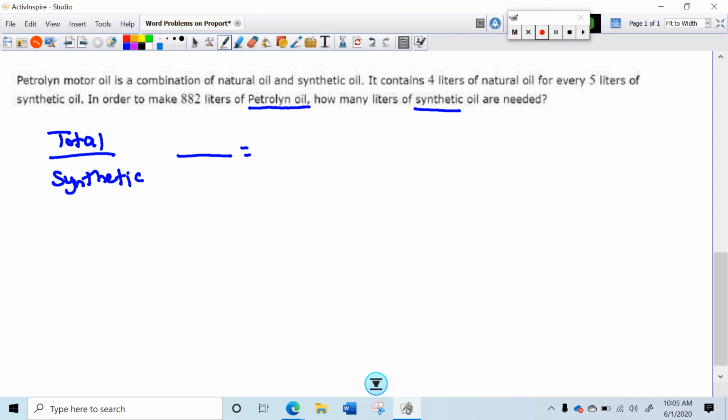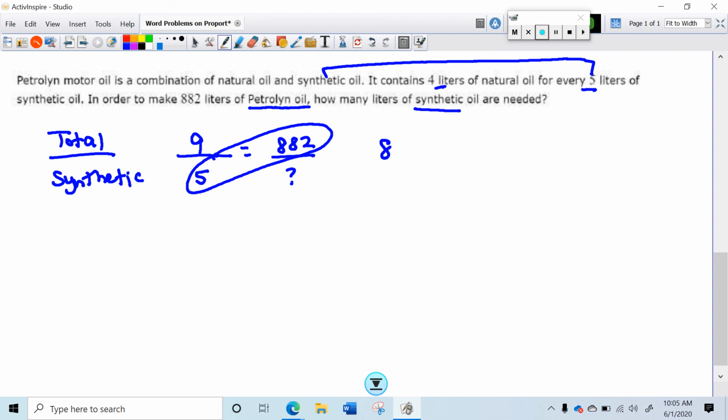So setting up my proportions, the total 4 plus 5 is 9, and out of that the synthetic was second, and actually they told you 5 of synthetic, so 5 for synthetic, and then the total in the petrolin, the petrolin is the natural and synthetic combined, so that's a total they're giving you, 882, and we want to know the synthetic.